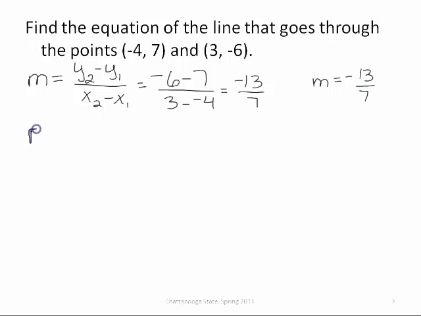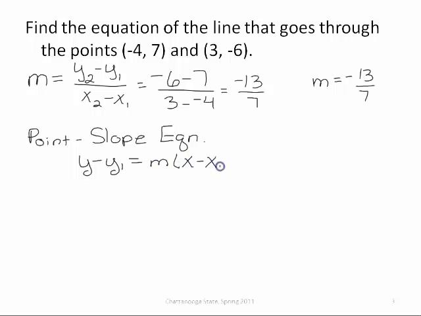Now I'm going to use the point slope equation. It's called the point slope equation because you're going to plug a point and the slope into it. y minus y1 equals m times x minus x1. Here I'm going to use the slope that I just found for my m, and I can use either of my ordered pairs for the x1 and the y1.